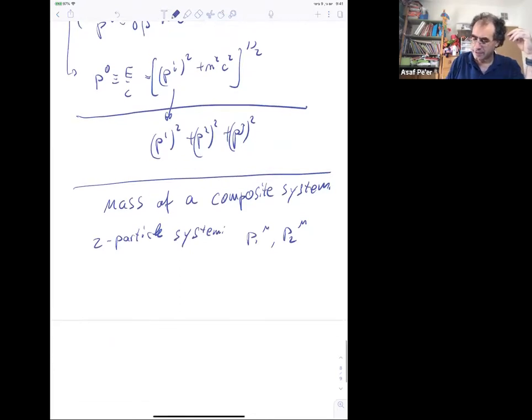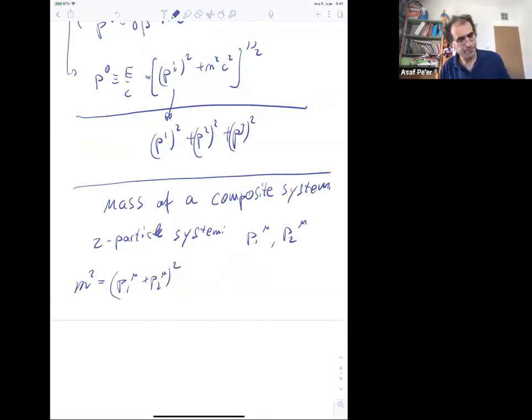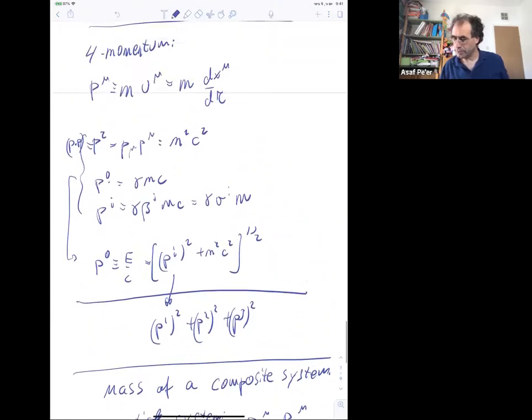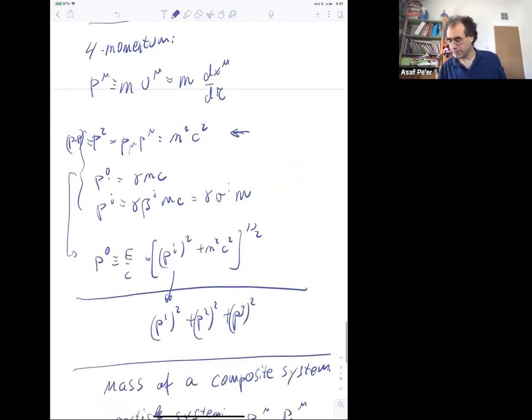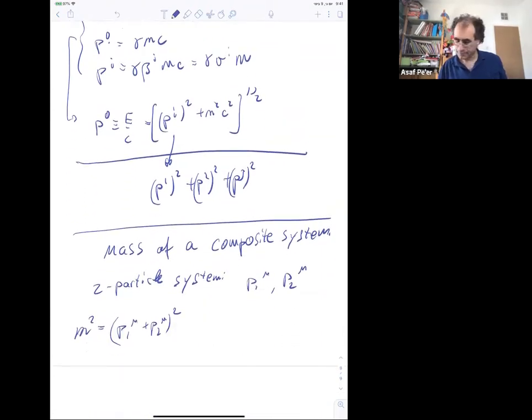So the total mass, m squared, is just (P1^μ + P2^μ) squared, times c squared, but at this point I just remove the c squared.